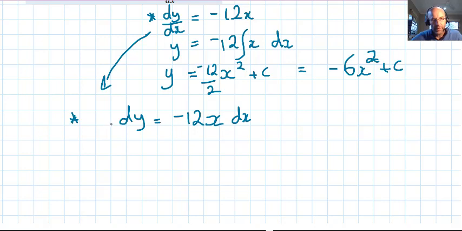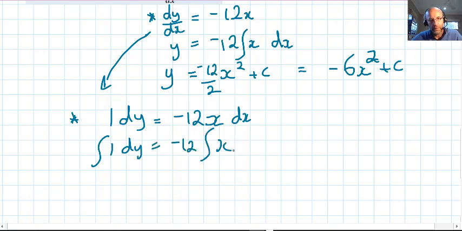And on the left we really have 1 dy, so if we integrate each side, like so, we have y equals negative 12 times x squared over 2, and there's a constant.